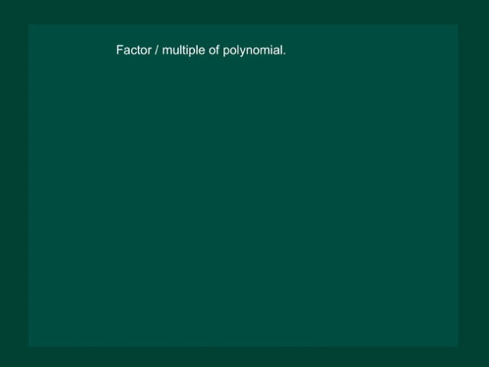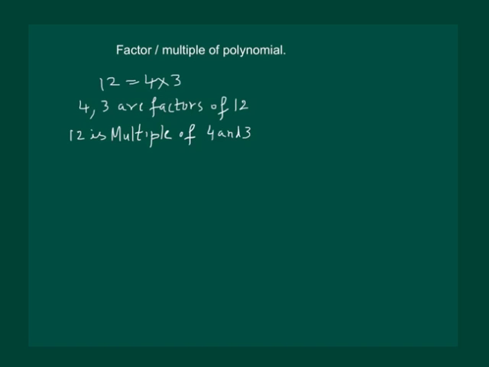Before understanding the factor or the multiple of a polynomial, let us revise the factor or multiple of a number. We know that 4 into 3 is equal to 12. Then 4 and 3 are the factors of 12, and we can also say that 12 is a multiple of 4 and 3.